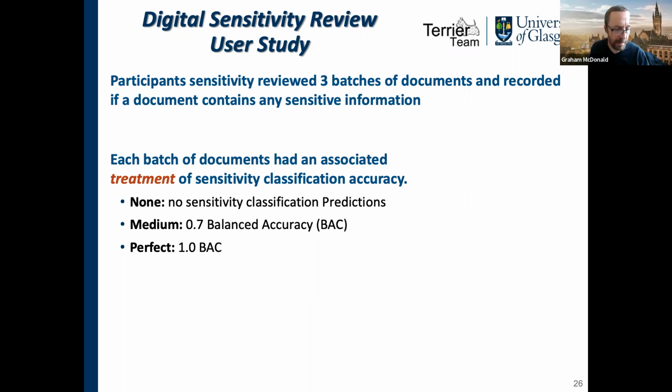Medium means that the classification predictions had an accuracy of 0.7, which is about the same as the accuracy of the classifiers that were developed at the time and published. And then we've got a perfect classifier to see, if they were given perfect predictions, how well would they do?